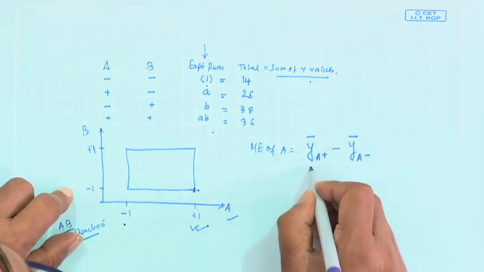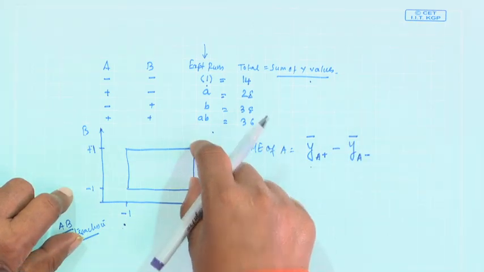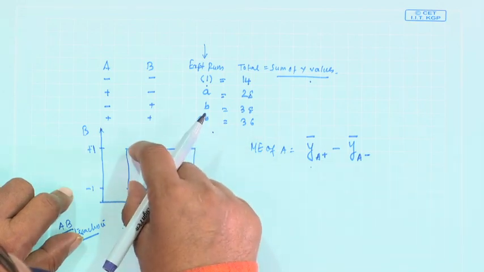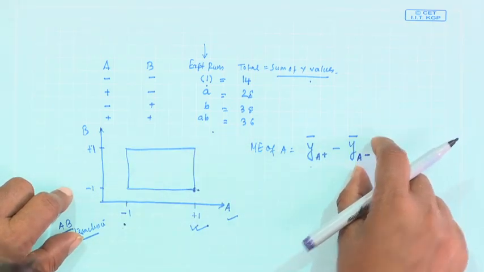That means, when A is at high value, what is the average of y? When A is at low, what is the average of this?